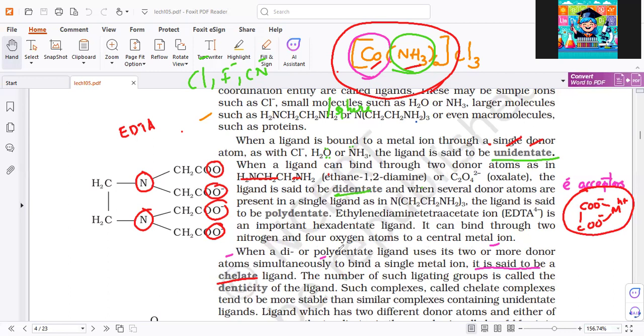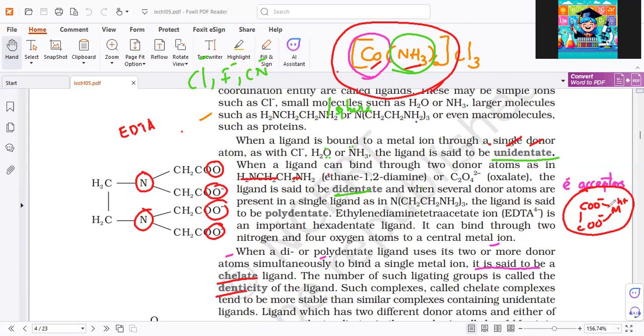The number of such ligating groups is called the denticity of the ligand. Denticity means how many atoms are used for making the bond with a single metal. And from the structure itself it is clear that these are tightly bound to the metal atom because two bonds are formed.